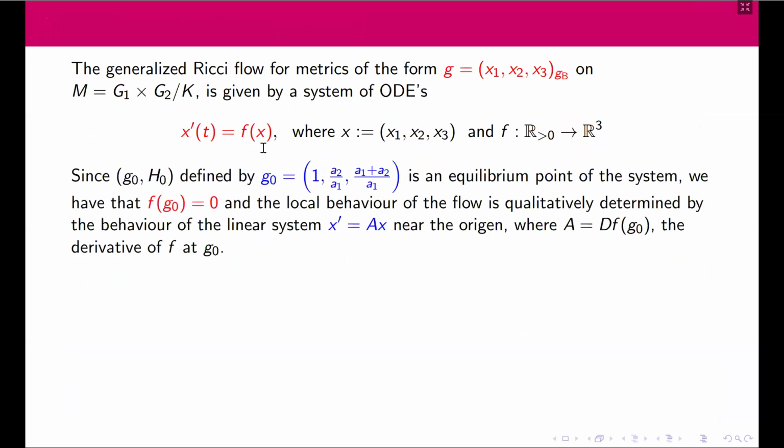We have an equilibrium point of this system, a fixed point, so we know that in this bismuth-Ricci flat metric, this function F defining the flow vanishes. And if we want local properties of this flow, we can study the linear system given by the derivative of the function at G.